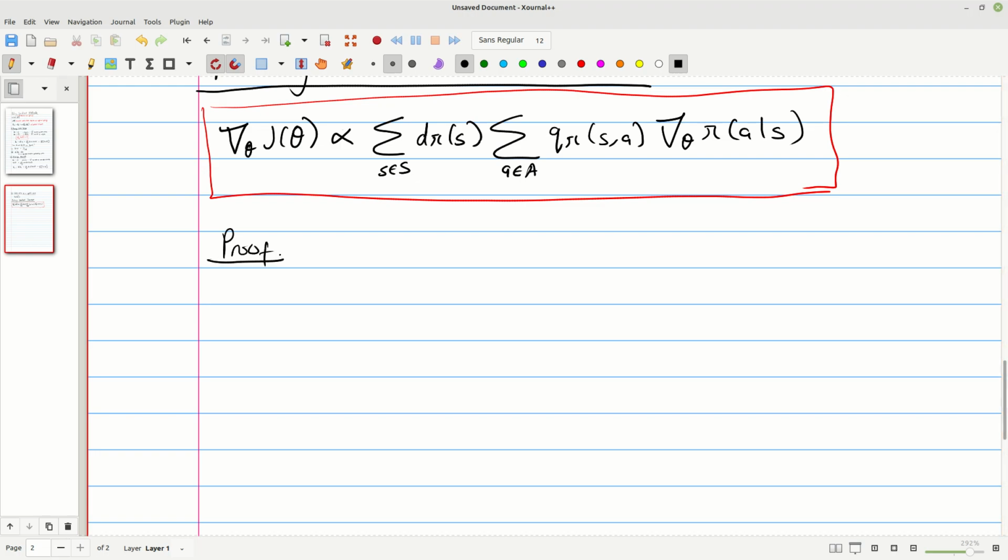So the first thing we notice here is, okay, so let's say we're given v pi of s, right? So this is essentially equal to, say, the summation over all actions of pi a given s times q pi s comma a. And why is that the case, right?